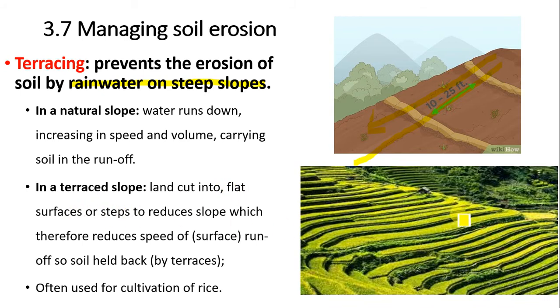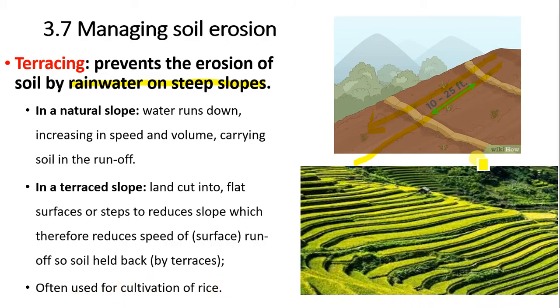So you see the land is a step, so you can walk, climb it like a step because it has been cut into flat surfaces. Now this will help to reduce the slope, which therefore reduces the speed of the surface runoff. So soil will usually be held back by the individual terrace, often used for cultivation of rice.